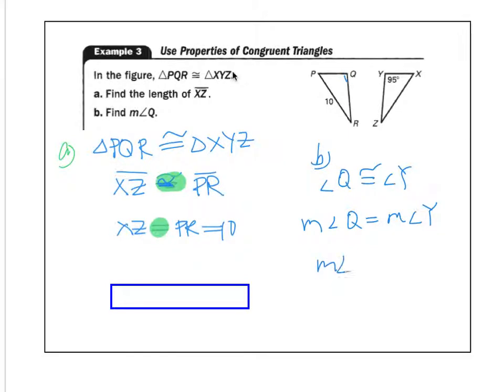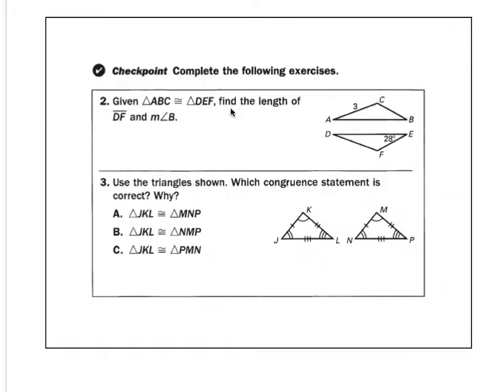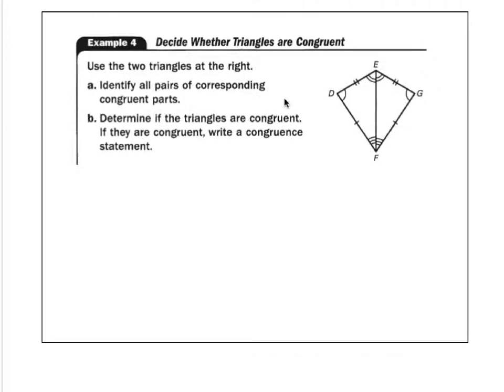Because the angle measure for Y is 95 degrees, my final answer for the angle measure for Q is also 95 degrees. Okay? Checkpoint: if you don't know how to solve it, ask your friends, ask me.